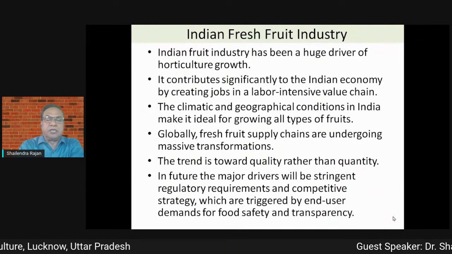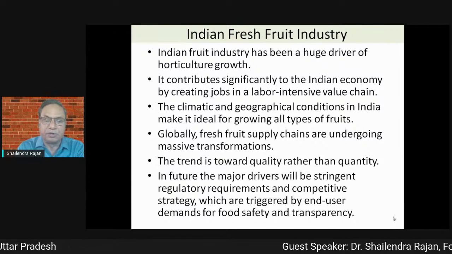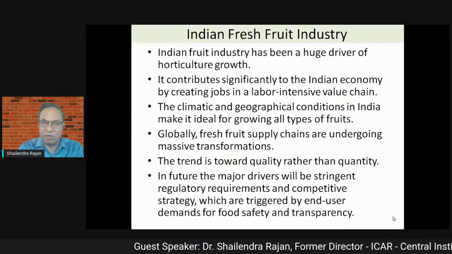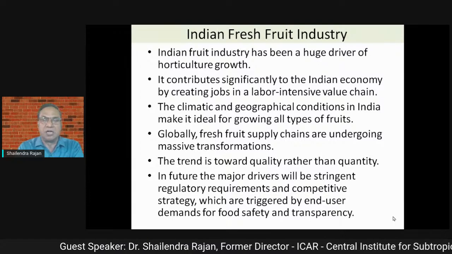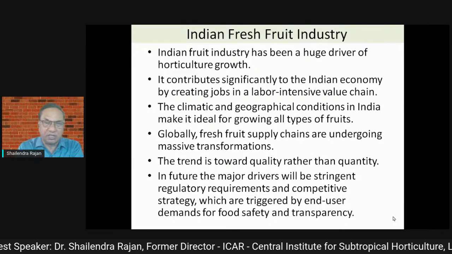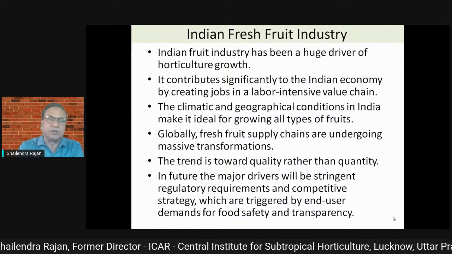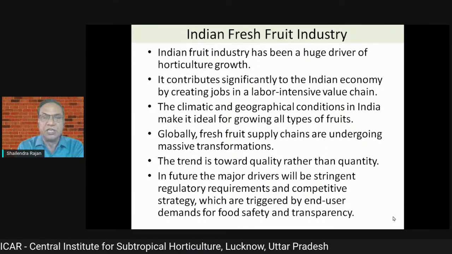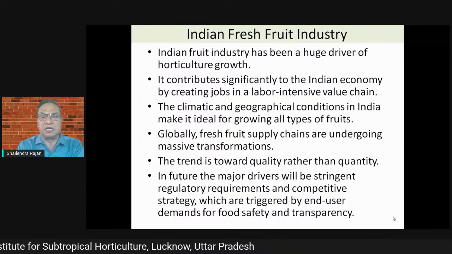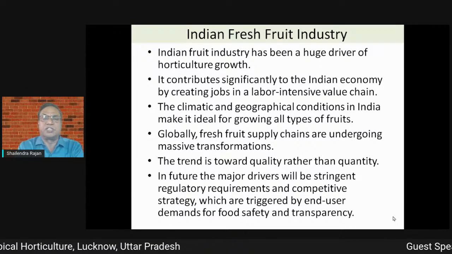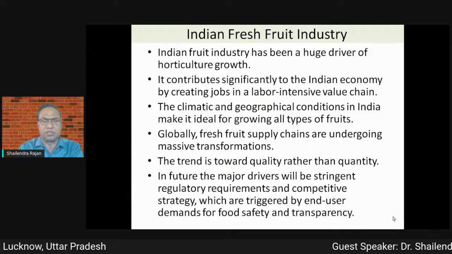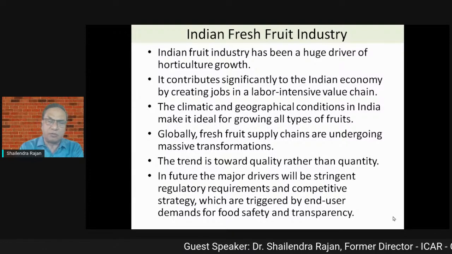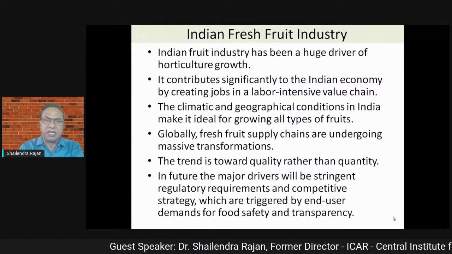So I will not go beyond the fresh fruit industry because I am concentrating on that. I will not touch upon the processing and other areas of fruits, which have already been dealt with by many other speakers. In India, the fruit industry is a huge driver for horticulture growth, and it has contributed significantly to the economy.